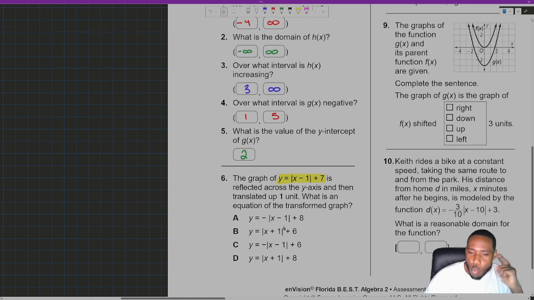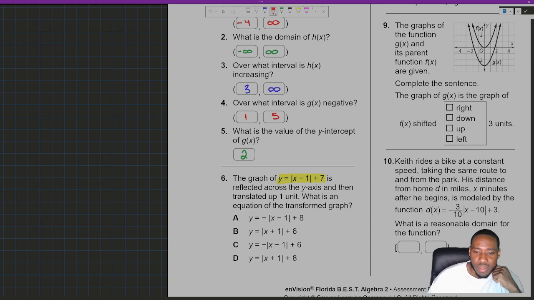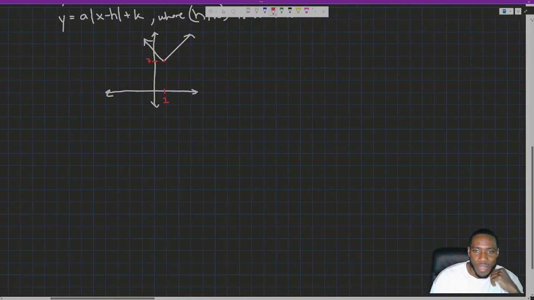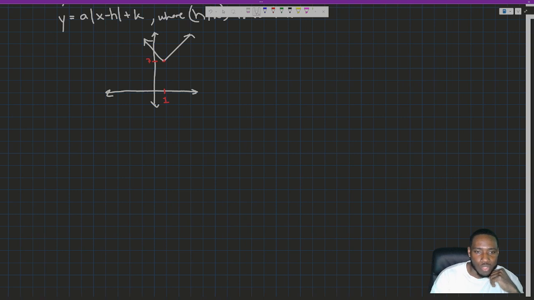And so that should point out to us that we're eliminating A and C as answer choices. All right, because both of those contain this negative that would reflect our graph across the x-axis. That is to say, and I'll go back to the graph we drew, instead of going up like our function, our sketch does, those would go down.